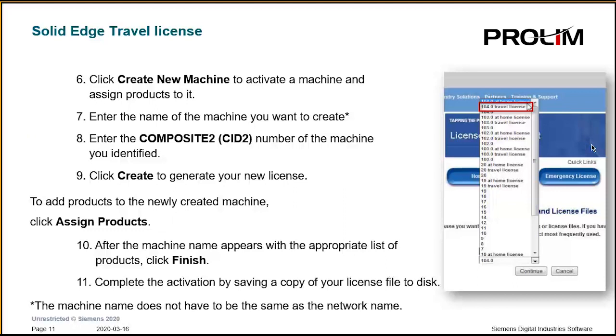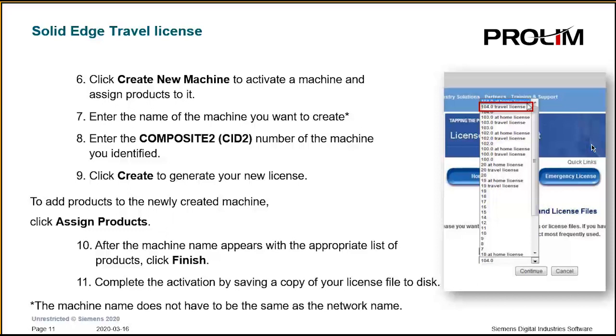Next step, it will ask you to create a new machine to activate that particular machine and assign products to that machine. Then you can enter the name of the machine you want to create, and the name of the machine doesn't have to be the same as a network name. It can be something different. You enter the Composite 2 CID2 number of the machine you identified, and then you click create to generate your new license.